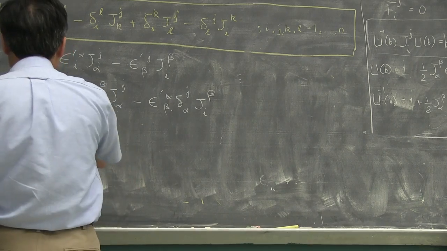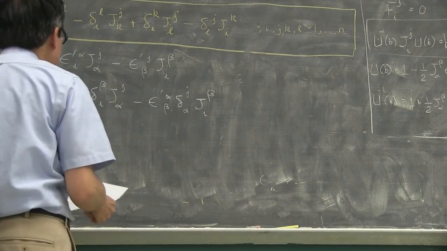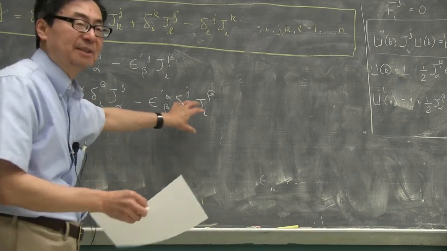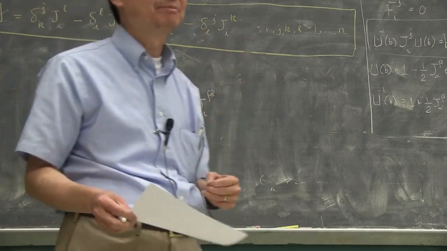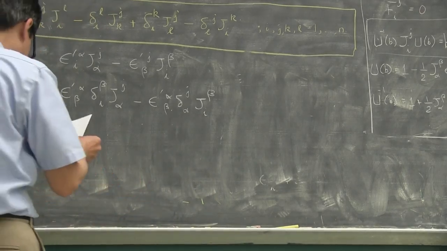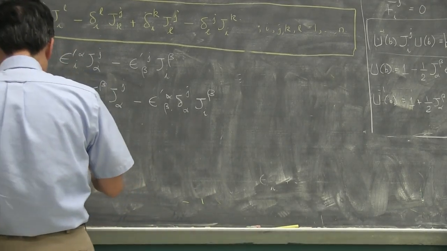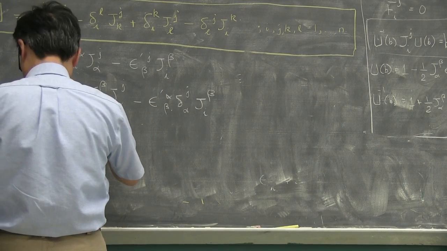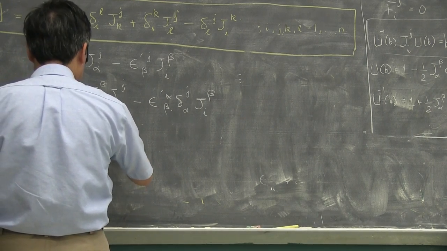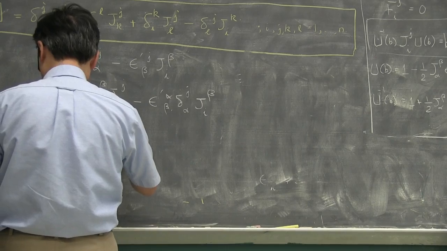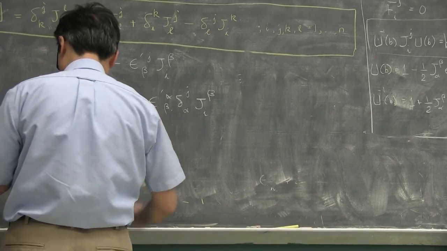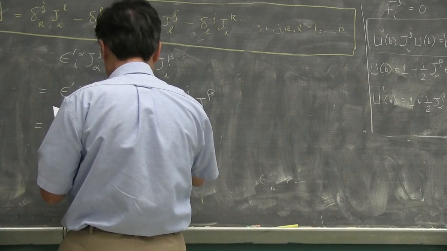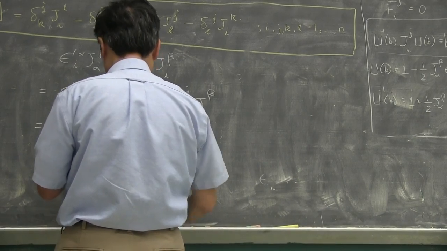Okay, I'm going to introduce a 1/2 factor first. I'm going to write 1/2 of this plus another 1/2 of this, and then we'll play around with changing the indices and so on. Okay, 1/2 of epsilon prime beta alpha delta I beta j alpha j minus epsilon prime.